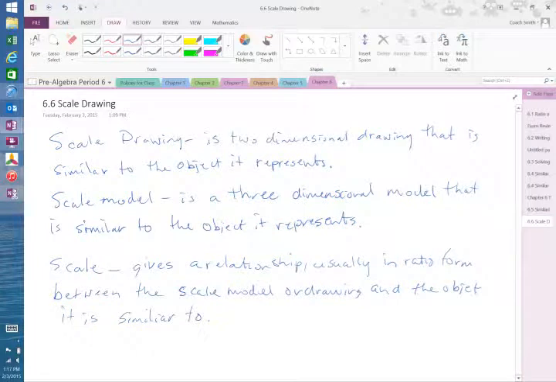Okay, so the scale tells us, for example, you've seen them, I'm sure quite often on any kind of map. Okay.